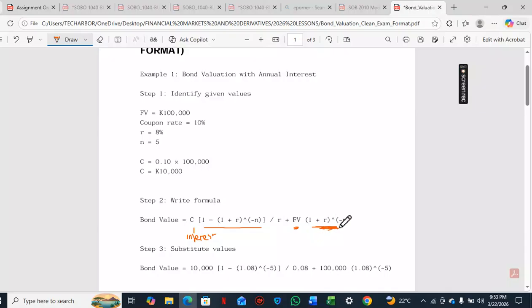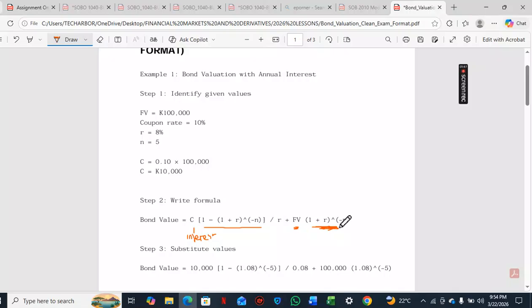So basically, the logic here is the price of a bond is equal to the present value of all the interest payments that you're going to get in the future, plus the present value of the face value that will be paid to you when the bond matures. The interest that you receive in the future, you convert it into today's value.